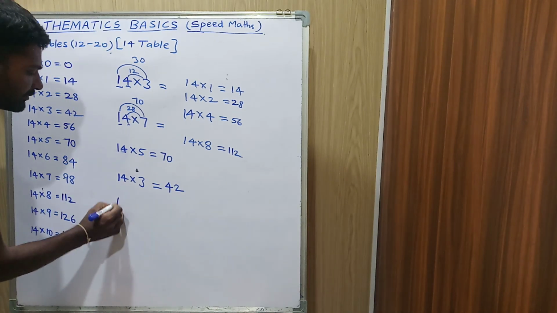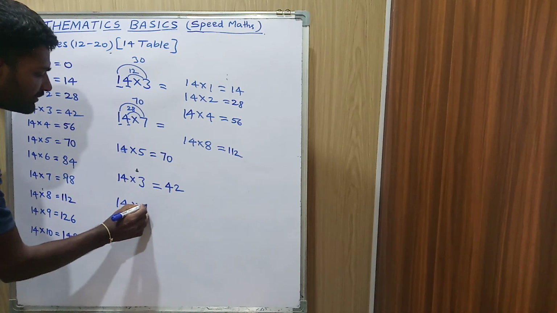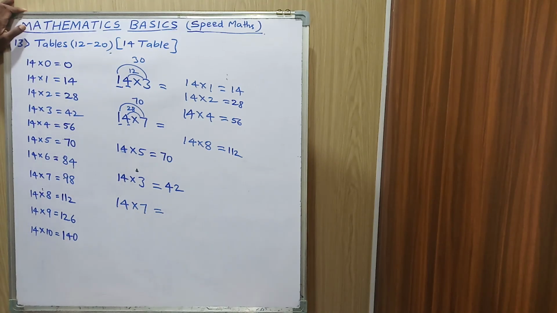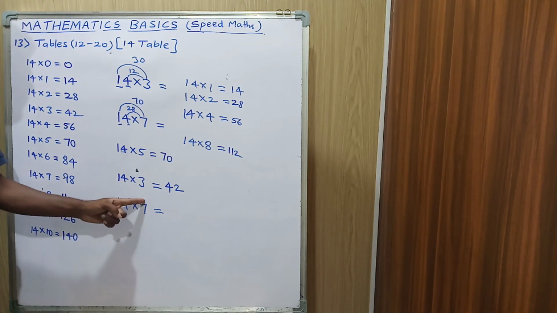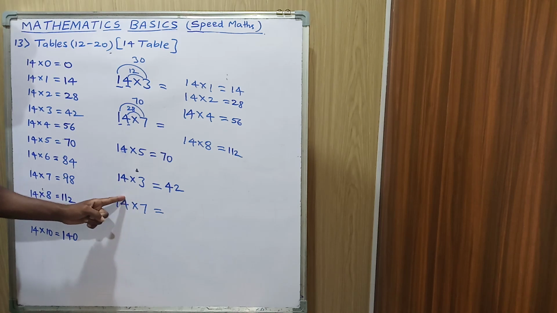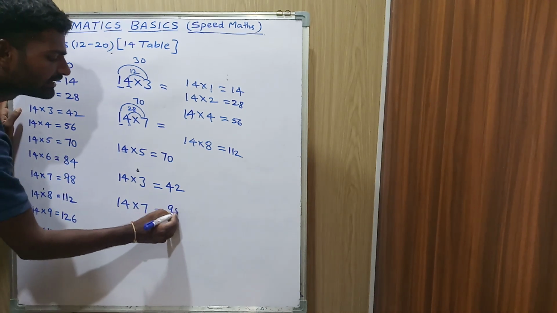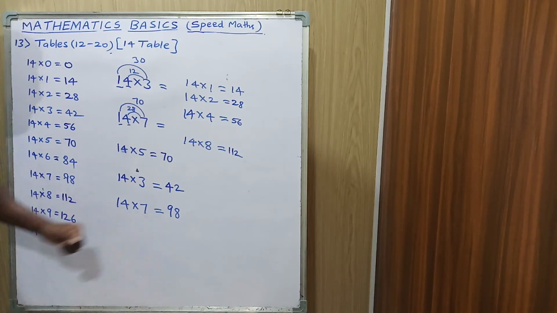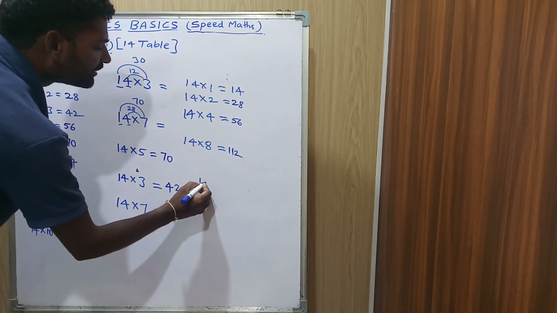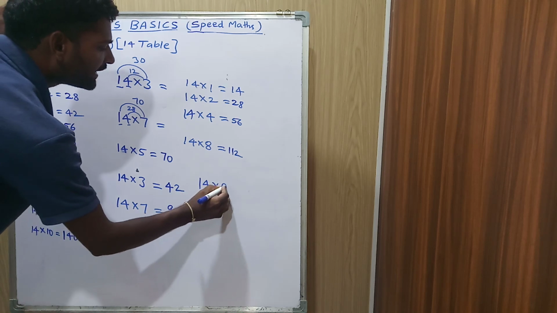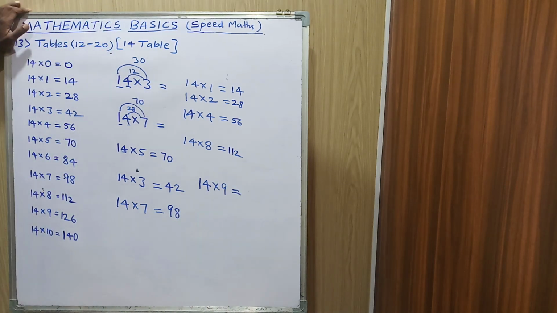Next, for example, you encounter 14 into 7, how much? 14 sevens are how much? You should imagine this one in your mind. So 7 into 10 is 70, 7 fours are 28. So 70 plus 28 is 98. So 14 sevens are 98. Next, for example, you encounter 14 into 9, how much? 14 nines are how much?